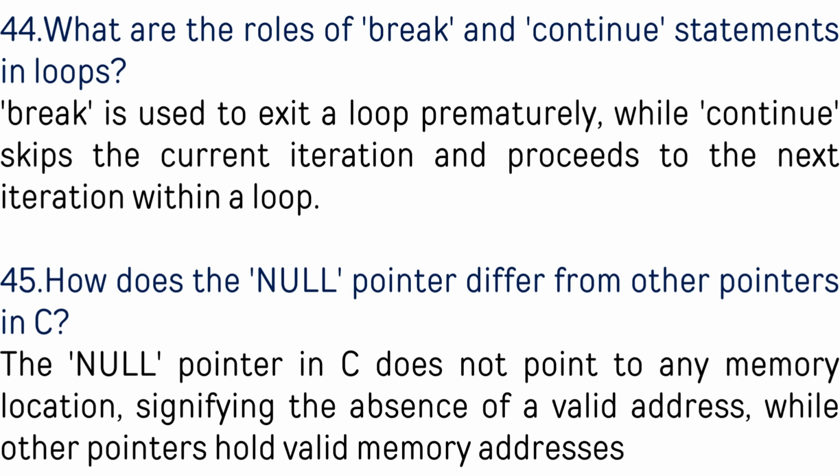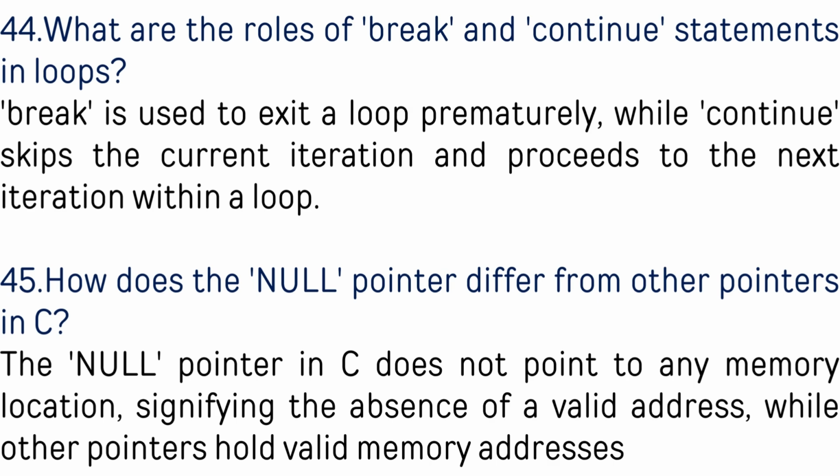44. What are the roles of break and continue statements in loops? Break is used to exit a loop permanently, while continue skips the current iteration and proceeds to the next iteration within a loop. 45.